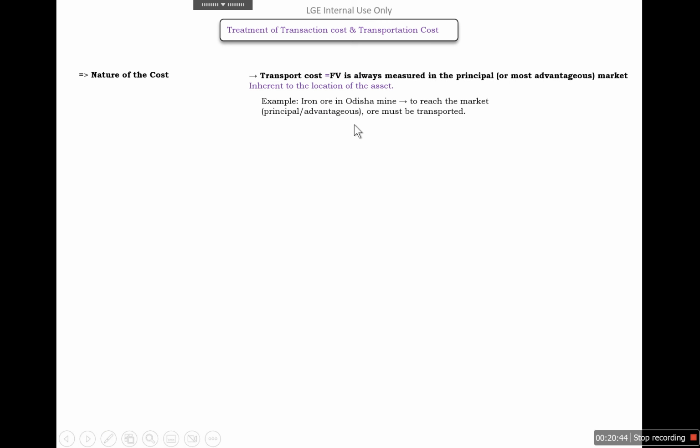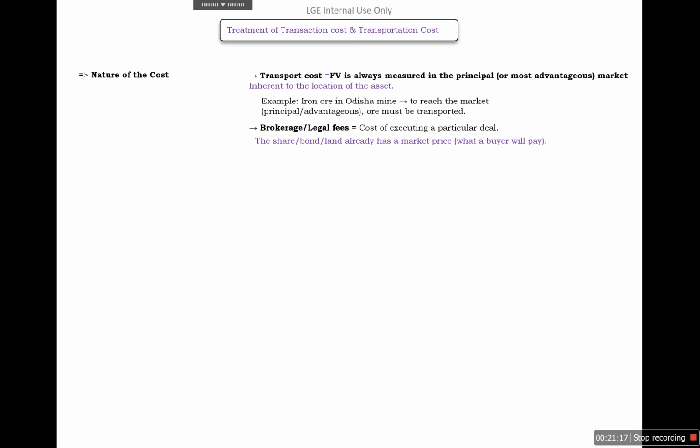For example, if iron ore is in an Odisha mine and we want to sell the ore, we need to reach the market, whether it is the principal or advantageous market. For example, the market exists in Kolkata, so the ore must be transferred to Kolkata. In that case, we need to consider the transportation cost, because it is a necessary condition to get the transaction done in a particular market. However, brokerage and legal fees are the cost of executing a particular deal.